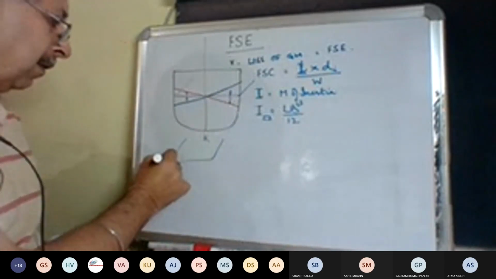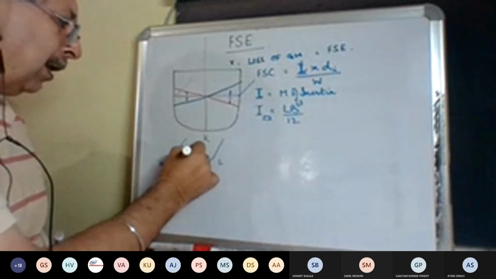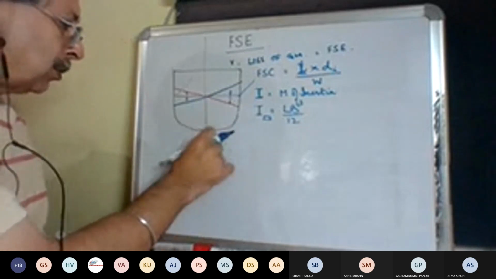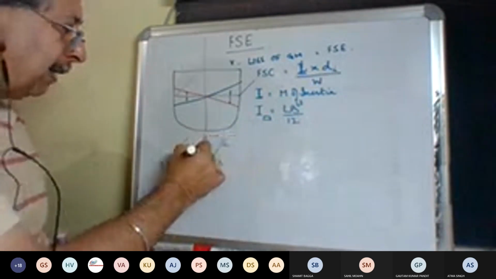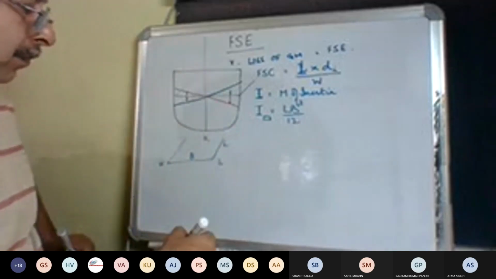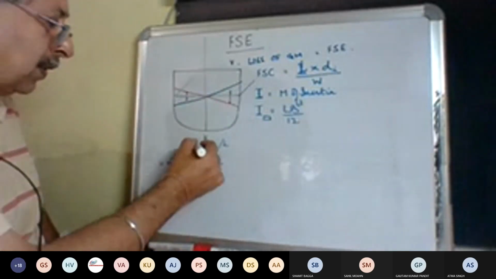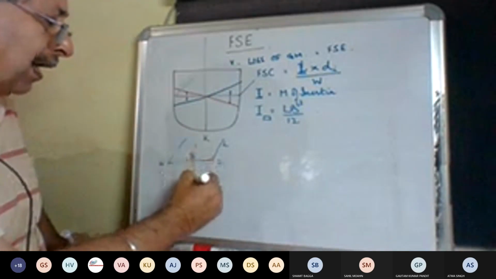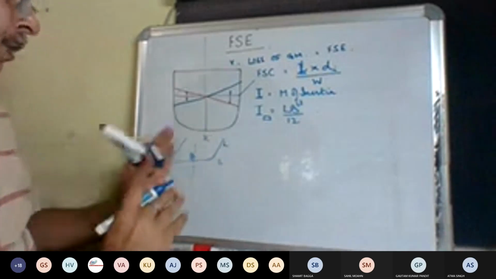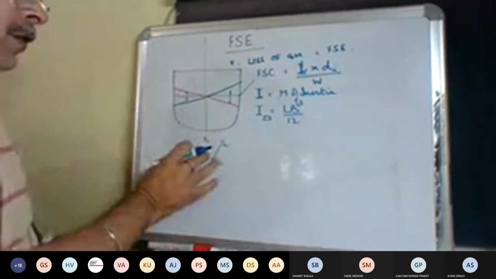This is the water line, WL. Length is L, breadth is B. This is the centerline axis about which we are taking the moment of inertia.